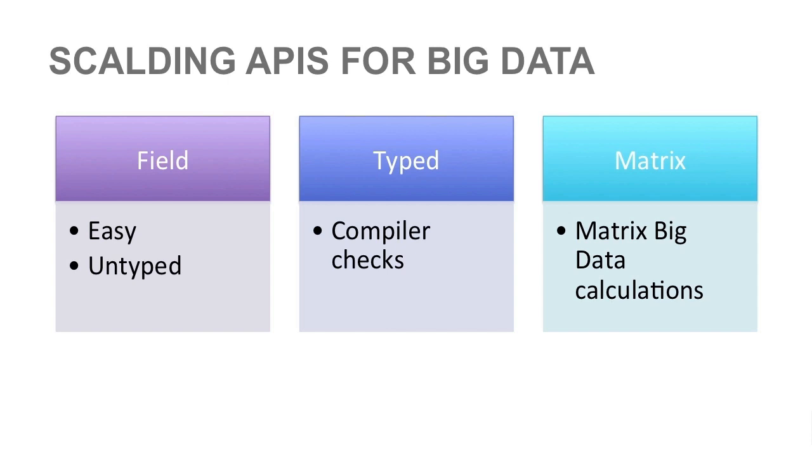The next API, which is growing in popularity, is the Typed API. So we are indicating what the types of columns in files are that Scalding is accessing. The big benefit for us is that we are able to benefit from compiler checks, so we will be getting fewer errors at runtime. Now, this is quite interesting for big data programs, because you would really prefer to get an error message from the compiler.